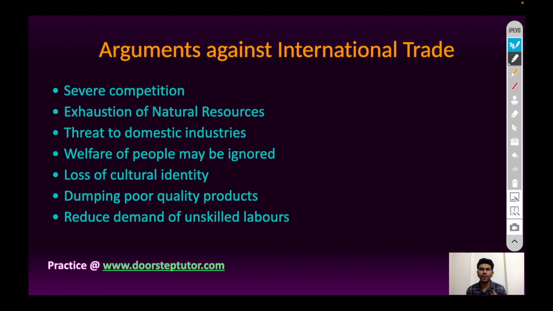Some economists were against international trade due to several reasons. First point, international trade creates severe competition in the domestic market due to which small companies may not survive. For example, BPL in India. Next, exhaustion of natural resources.